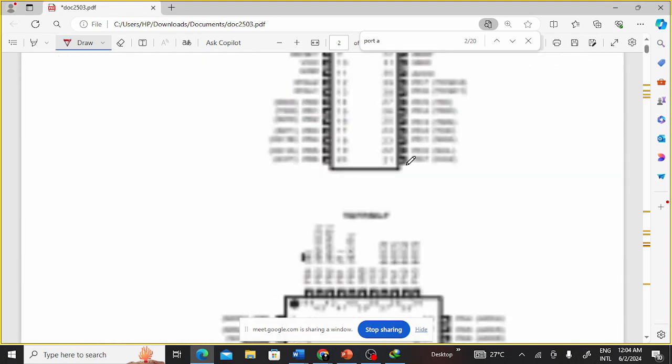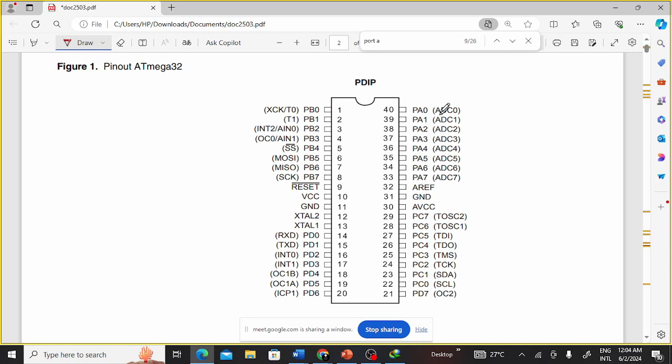Now, look at the Port A registers, for example. You see everything on this Port A is connected to a working register called a general purpose register. So if I affect what is happening in this register from the CPU end, the effect happens to this pin.